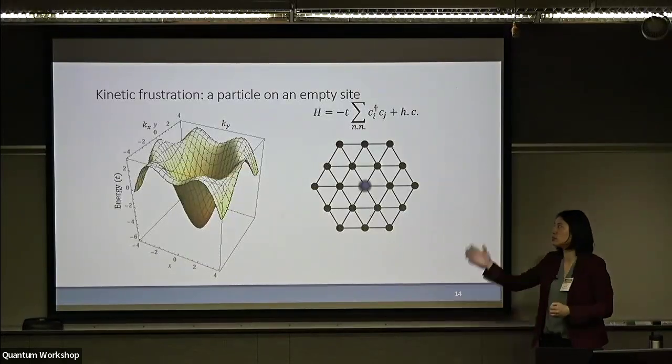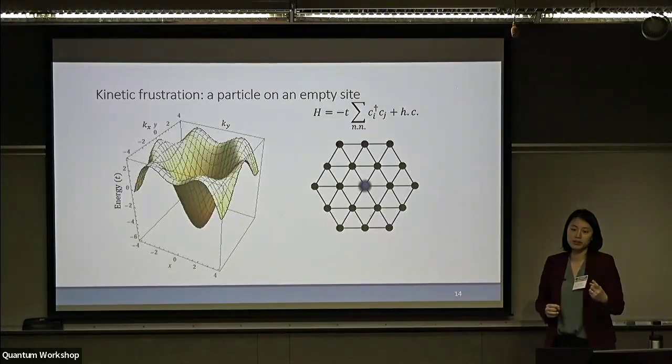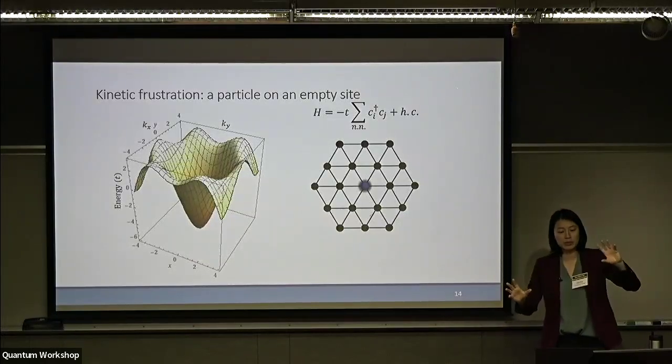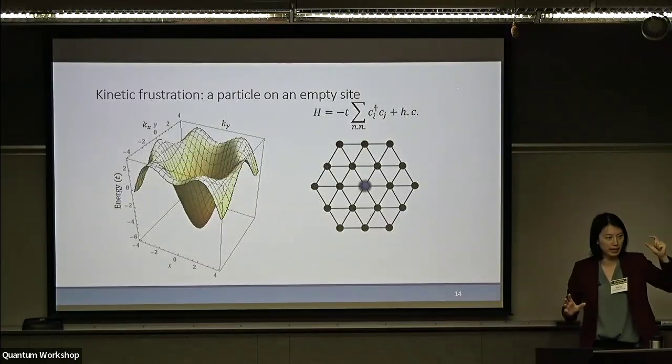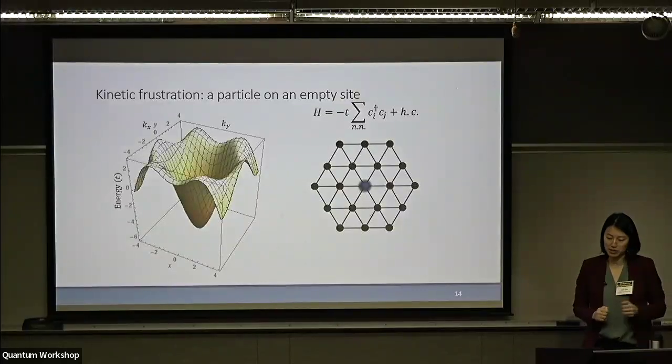just go to a simpler model of tunneling, a spin-polarized or spinless fermion on an empty lattice. And we'll see how if you flip the situation around, to get a single hole on a spin-polarized background, these are fundamentally different on a triangular lattice, in a way that is distinct from a bipartite or a square lattice.